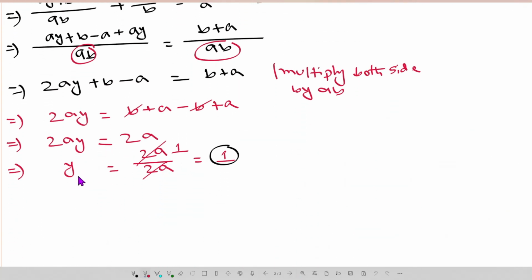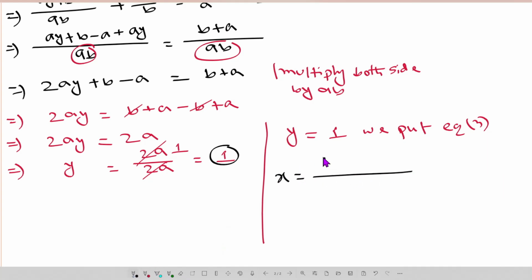Do you understand this one? If not, I can write here y equals 1, we put it in equation 3. Okay, so what is equation 3? Equation 3 is x equals ay plus b minus a divided by b. Then a times y means 1, plus b minus a divided by b.